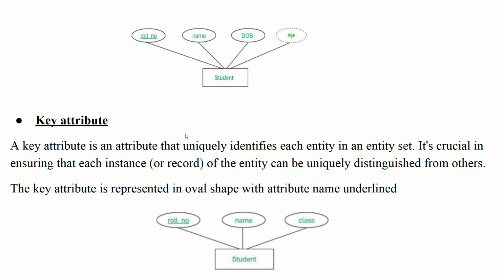Before connecting tables, if a person looks at your ER diagram, he should be very clear that your table contains a primary key. For a foreign key we don't have any representation, but for a primary key we do: inside the ellipse you write the attribute name, and it should be underlined. That is the symbol of a key attribute.